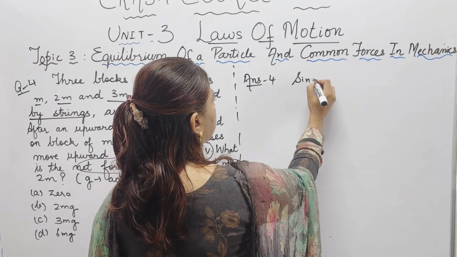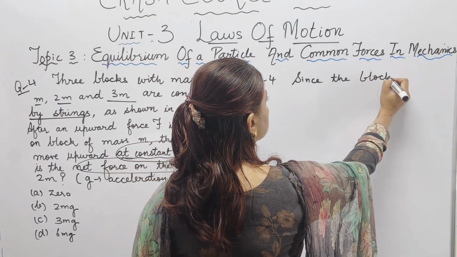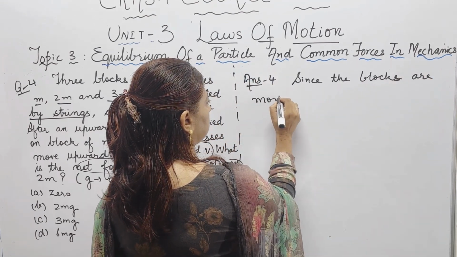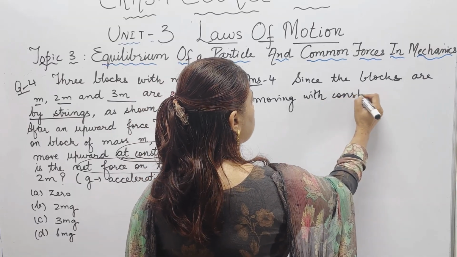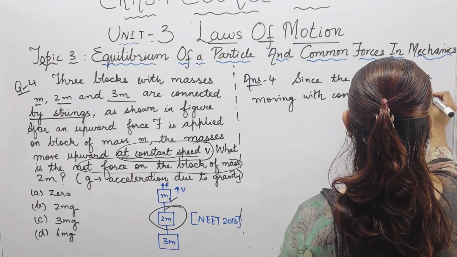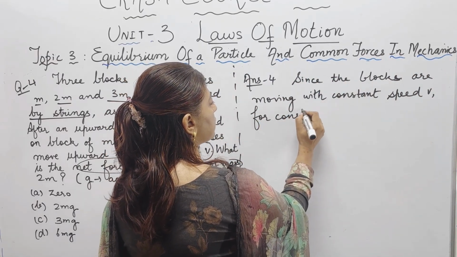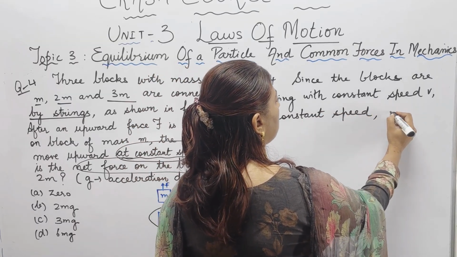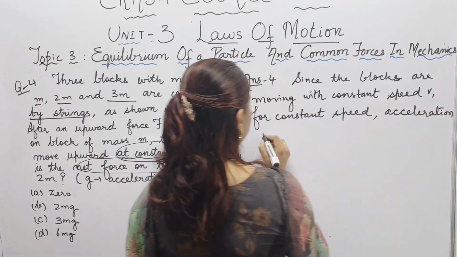Since the blocks are moving with constant speed v, for constant speed acceleration is 0.